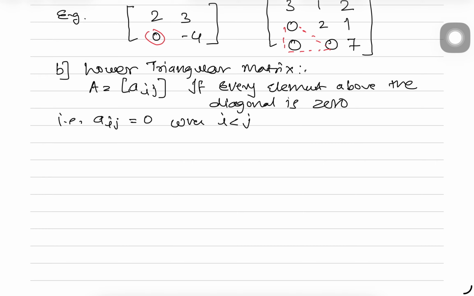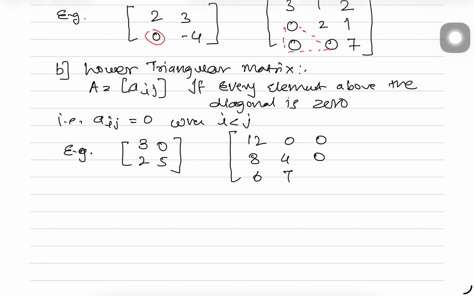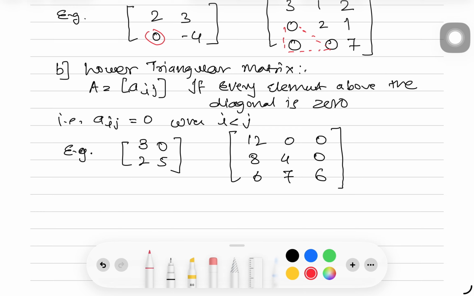Examples: 3 0 2 5, and 12 0 0, 8 4 0, 6 7 6. Same, so we will find the triangle. Over here, this is a triangle.